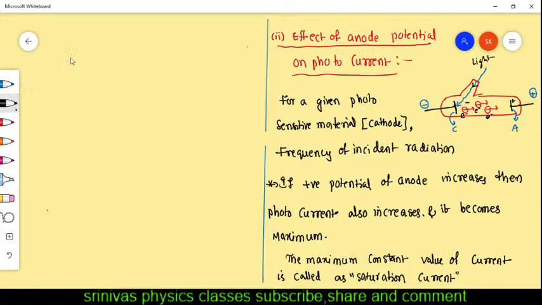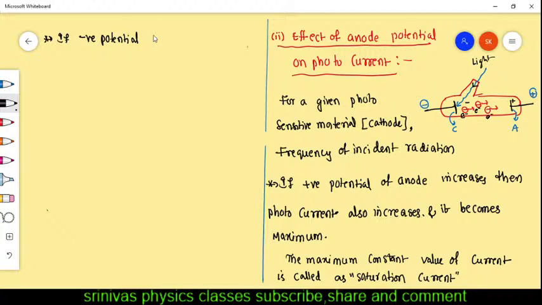Listen very carefully. This is what happens when you increase the positive potential. We discussed that. Now, if you increase the negative potential, what happens? For example, I am giving a negative potential to the anode. In the figure the anode is generally positive, but especially I am giving it negative.